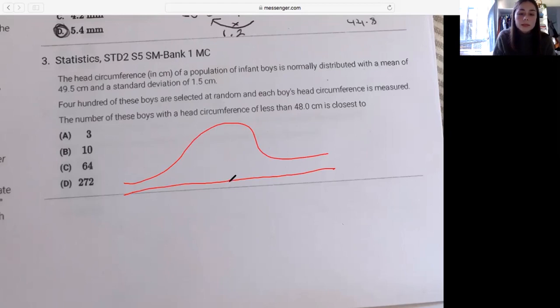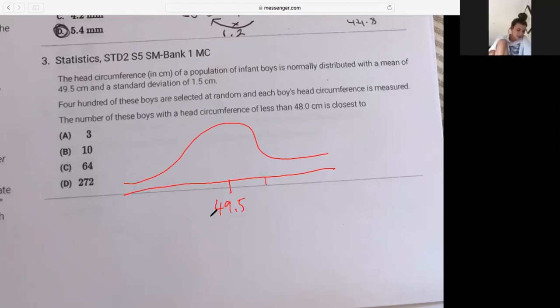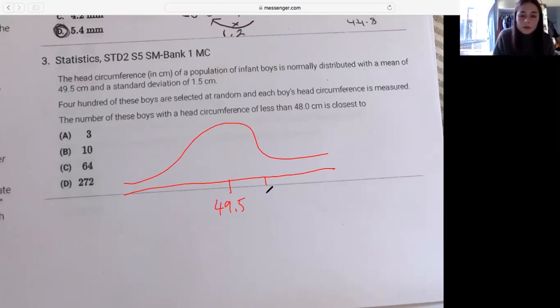A mean of 49.5 and a standard deviation of 1.5. Like, I don't get it. I think if you get a question like this, probably just draw it out, because I feel like if you draw it out, it helps you. I always would draw it out because it would make so much more sense if I did that.